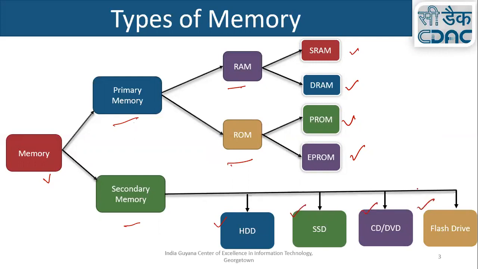Now you may ask the question, why do we need so many types of memory? Any idea? Well, the secondary memory is physical memory used to store information permanently, that's true.